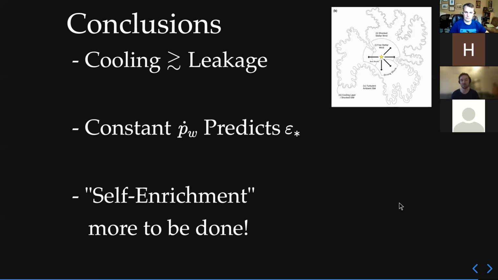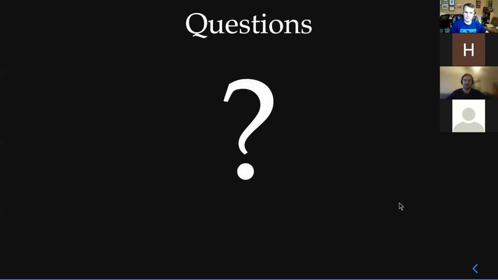When we use constant momentum input rate predictions to predict the star formation efficiency, those match our simulations quite well. That's a good self-consistency check. And finally, we've given a first understanding of quote unquote self-enrichment in these sorts of simulations, but there's much more to be done to connect back to real chemical enrichment and understanding how chemicals are moved throughout the galaxy. So thanks, I'll end there and ask if there are questions.